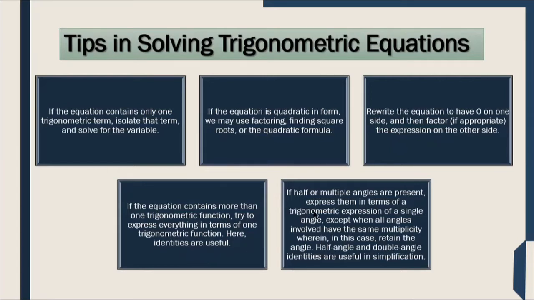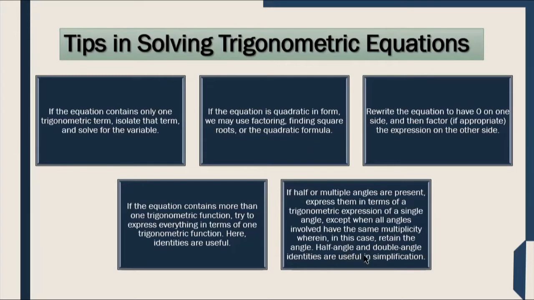And for the last tip, if half or multiple angles are present, express them in terms of a trigonometric expression of a single angle, except when all angles involved have the same multiplicity, wherein in this case retain the angle.